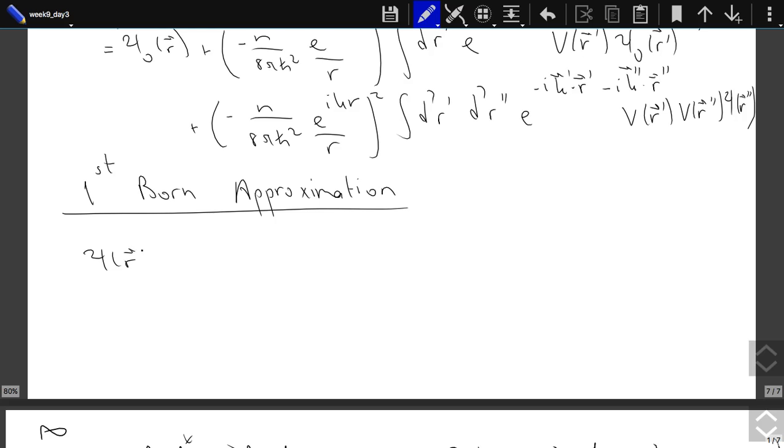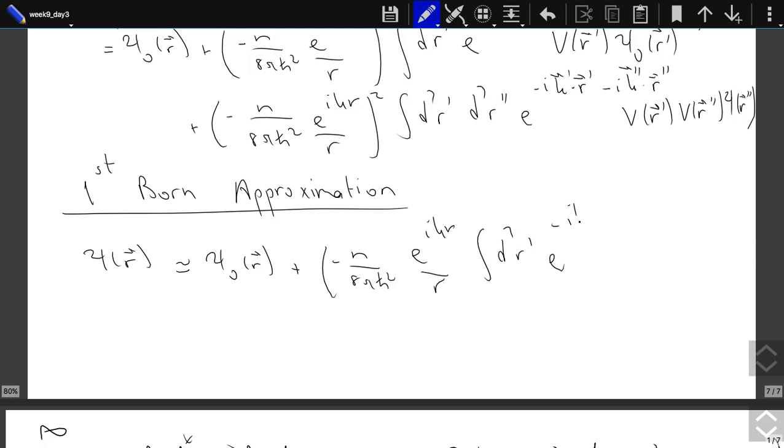Psi of r is approximately equal to psi 0 of r plus minus m over 8 pi h bar squared, e to the power i k r over r, d cubed r prime e to the power minus i k prime dot r prime V of r prime psi 0 of r prime.